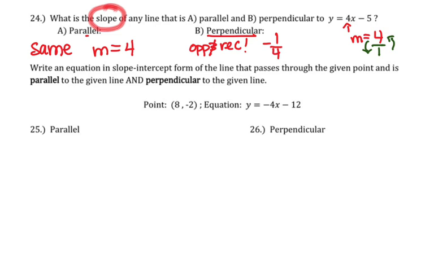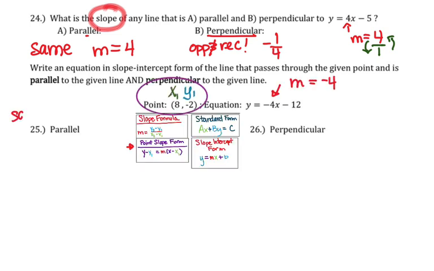Because we are given a point and we're given a slope of a line. And it says, if we have this line and we graph this line of y equals negative 4x minus 12, we need to make a new line that would be parallel to this line.